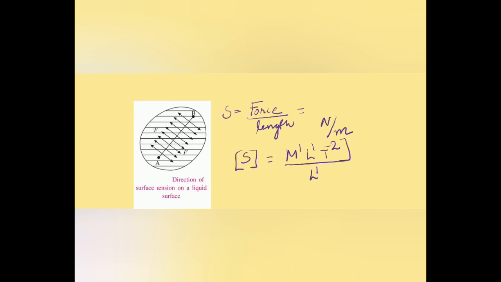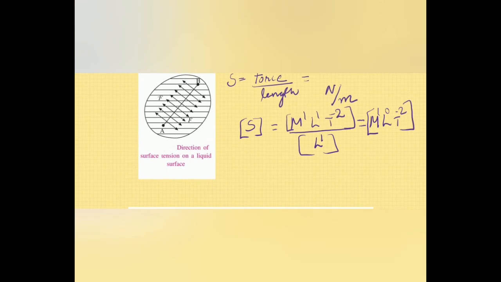So what do we get? The dimension is M1 L0 T minus 2. This is how to measure surface tension, that is force upon length.